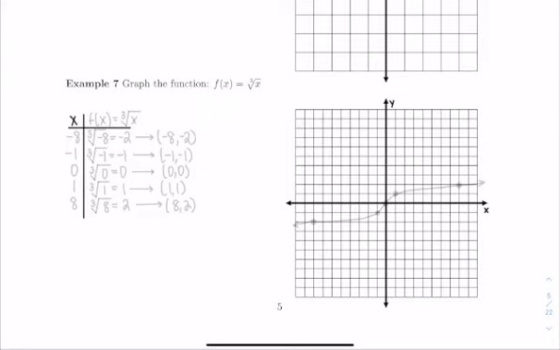So I'm going to pick a negative 8, a negative 1, 0, 1, and 8. You don't have to pick these exact values. I'm just picking stuff that I know is going to simplify nicely when I plug it in.